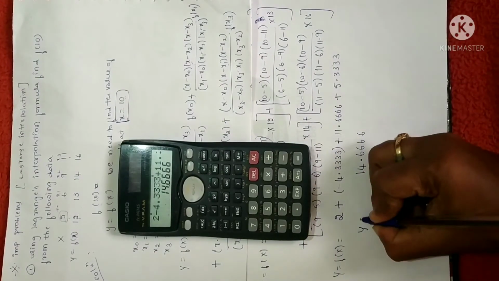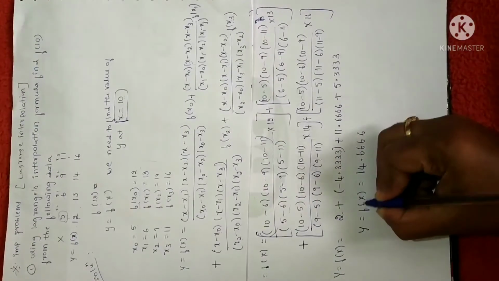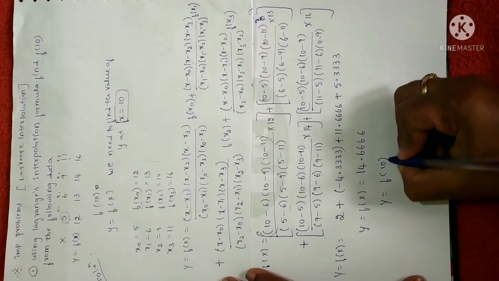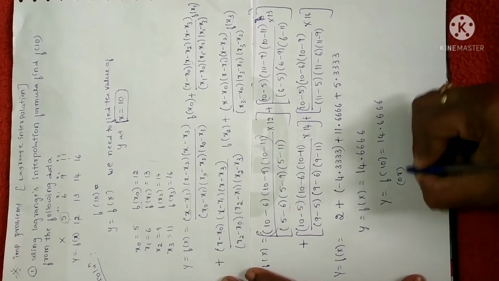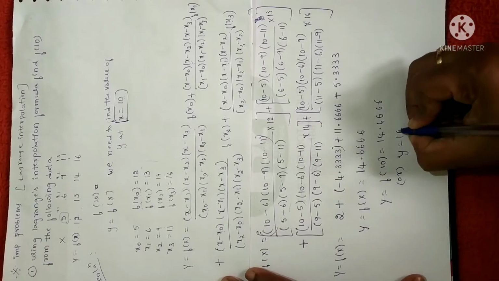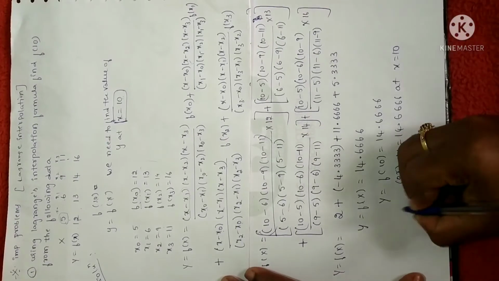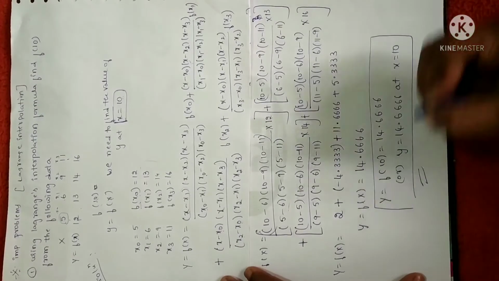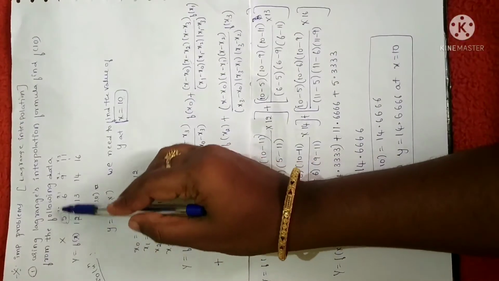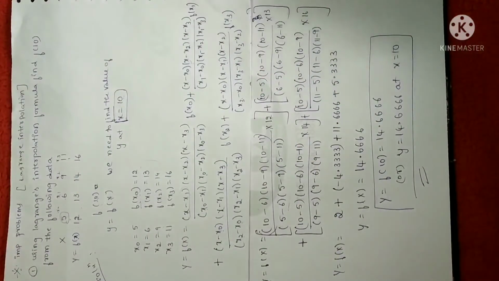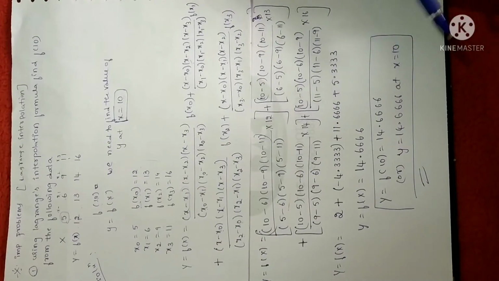So this is the required value of the function y, that is the value of the function at x is equal to 10. Or you can write y is equal to 14.666 at x is equal to 10. So this is the required solution by using the Lagrange interpolation formula for 4 points, as 4 points are given in the problem. Only thing is you need to memorize the formula and the substitution calculation part.